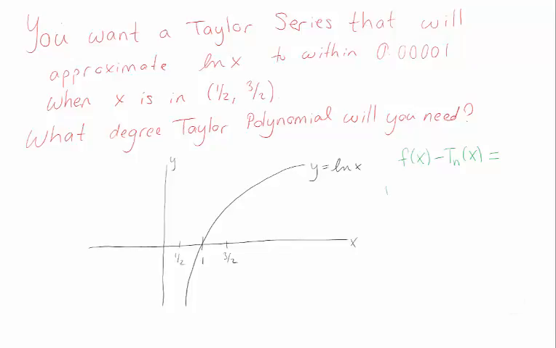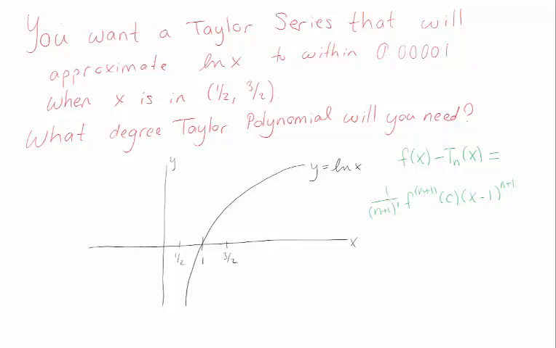So it's going to look like 1 over n plus 1 factorial times the n plus first derivative at some point c times x minus a to the power n plus 1.